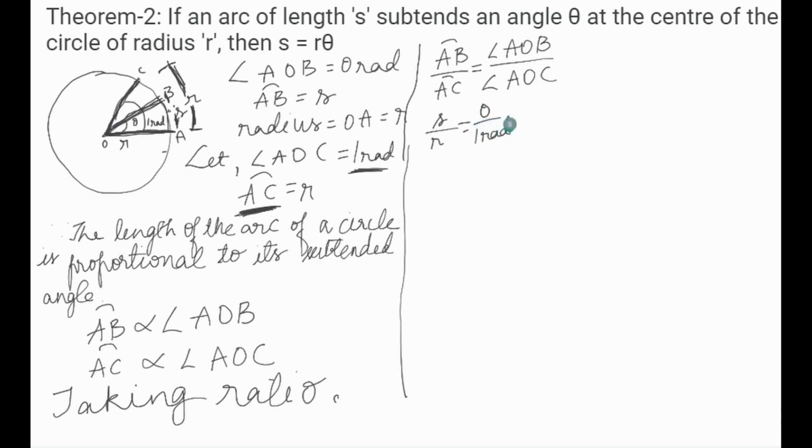So when we cross multiply this equation, we get s is equal to r theta.